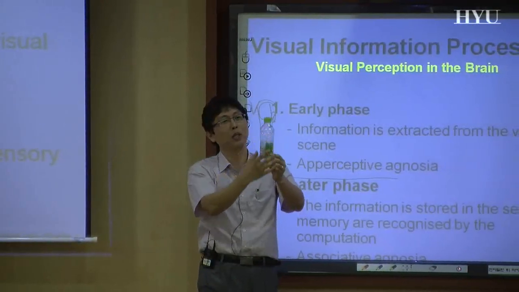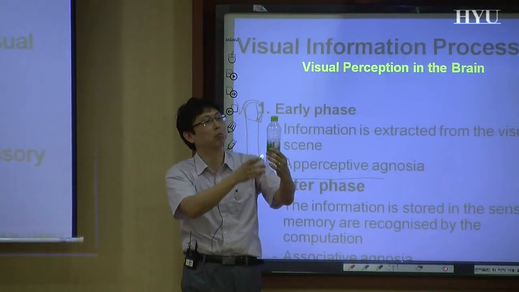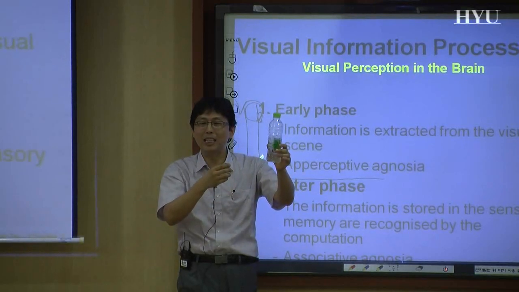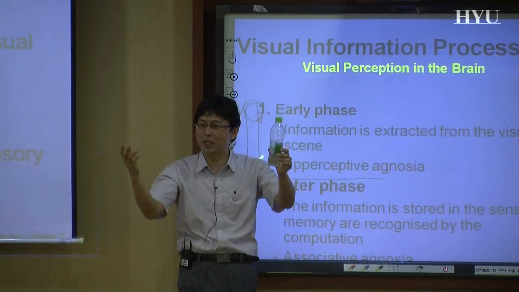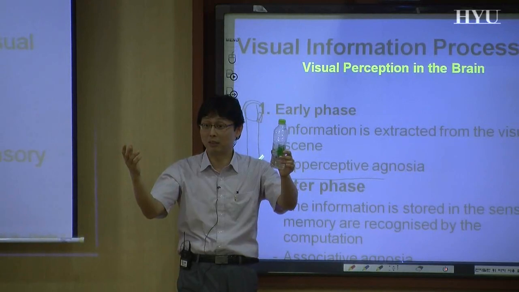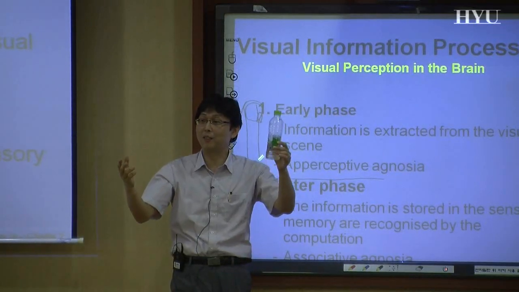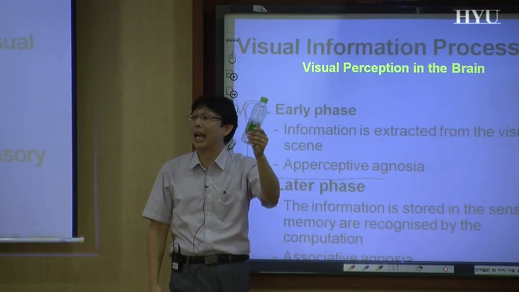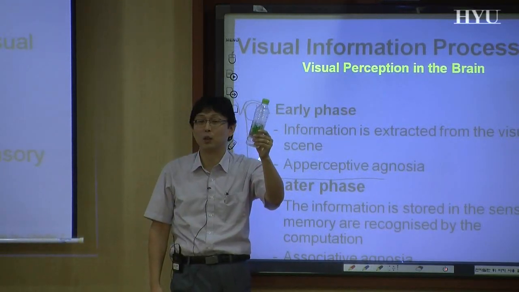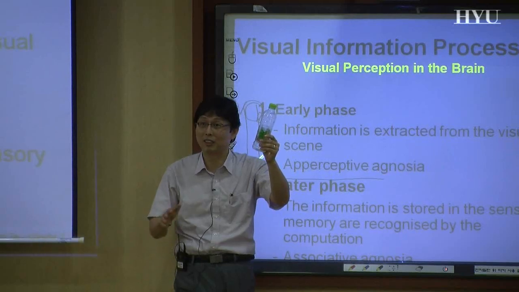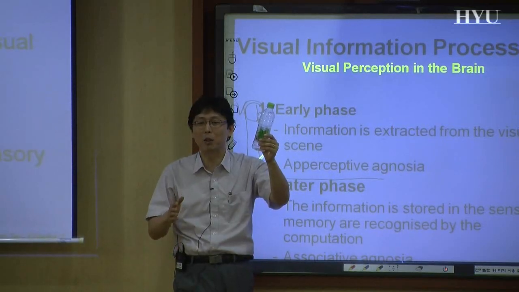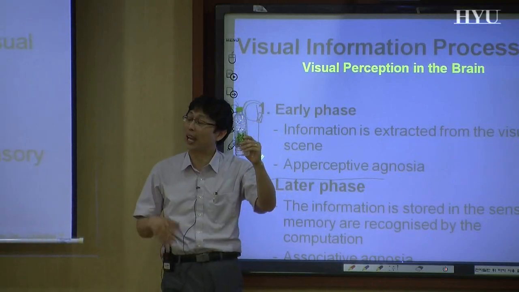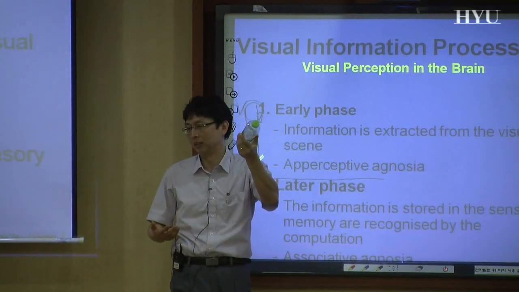When you recognize this, you see it is cylinder type with something inside, so it can be matched with the bottle. If you don't have any bottle in your brain, you can't recognize it as a bottle. Like a 1 year old infant, they may not recognize this as a bottle because they don't have any experience or knowledge about bottles.